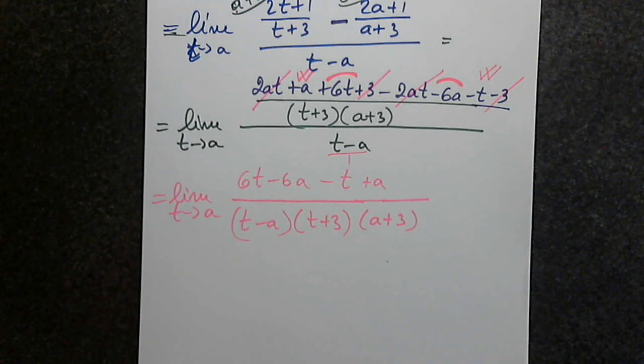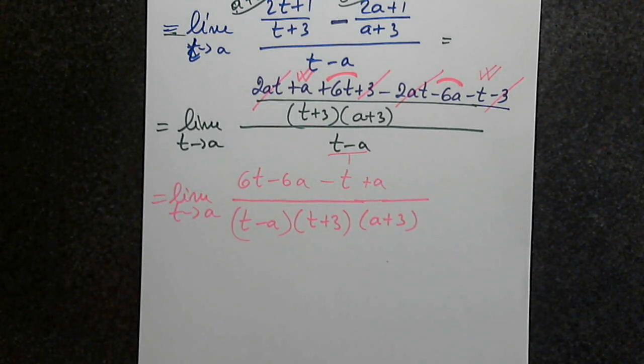So one more time. I copied 6t and minus 6a, and I copied negative t and positive a. But then I have to flip this: it's 1 over t minus a, and then t plus 3, and then a plus 3. Is that okay? Is it a yes? Okay.